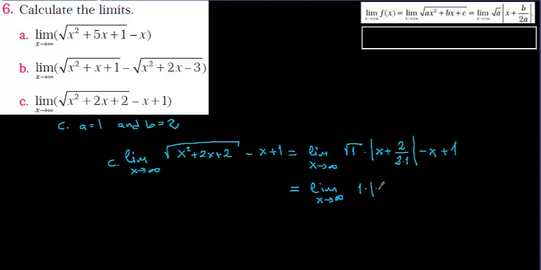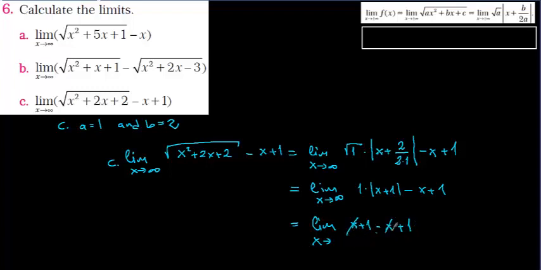1 times absolute value of x plus 1, it's going to be minus x plus 1, and here the absolute value can be taken out as a positive, because when it tends to plus infinity, this expression is going to be positive. That's why when the expression is positive, you should take directly the positive form of it, x plus 1 minus x plus 1.